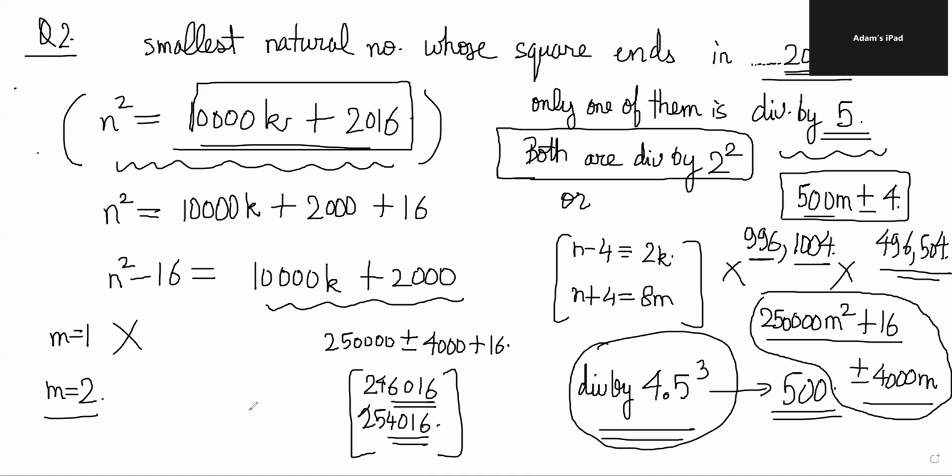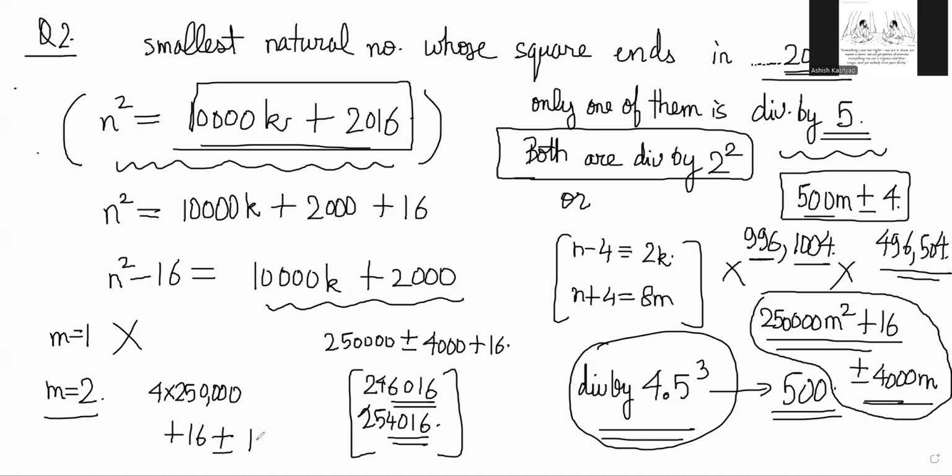The square is becoming 4 into 250,000, so it becomes 1 million plus 16 plus minus 8,000.